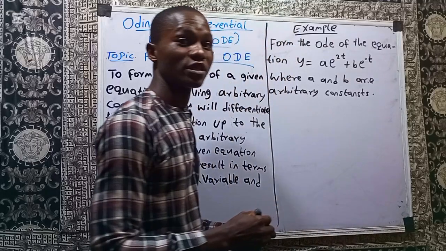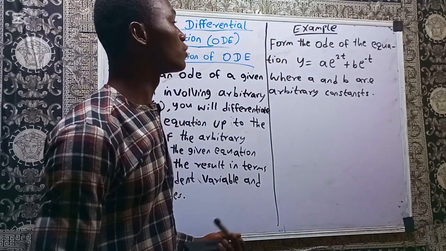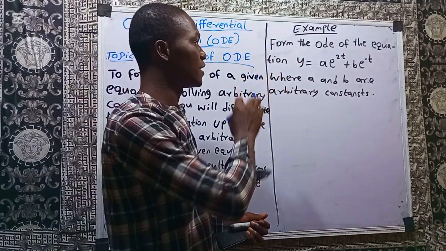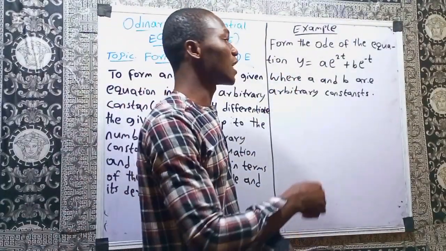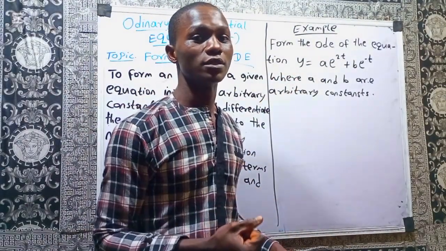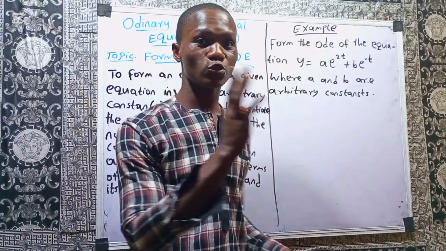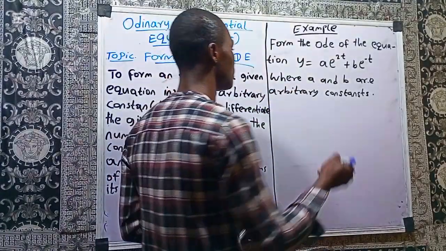We want to form the ODE of this equation. Now, how many arbitrary constants do you have? Two. So we differentiate this two times, so let's proceed.